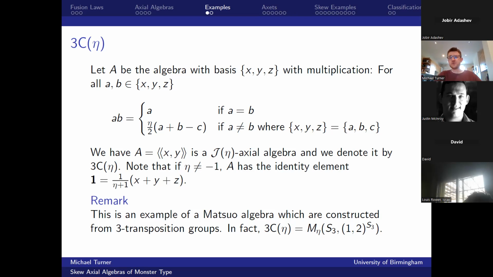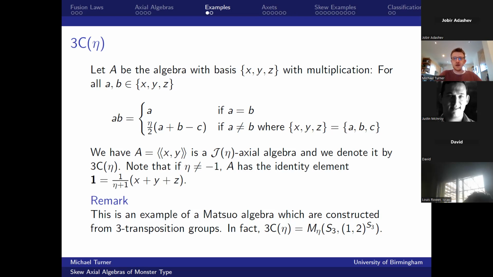And maybe just remark that this is an example of a Matsuo algebra, which are constructed from free transposition groups. So for anyone that doesn't know, a free transposition group is a group generated by a conjugacy class of involutions in which the product of those involutions has order at most 3.